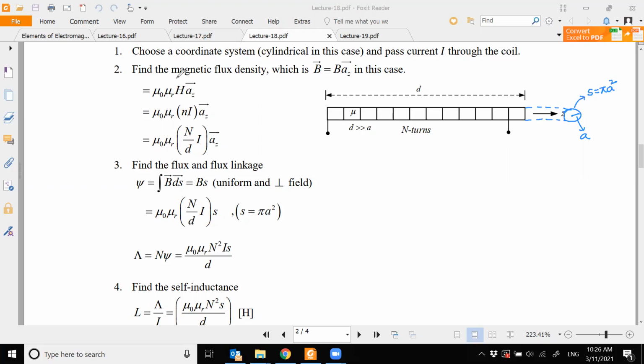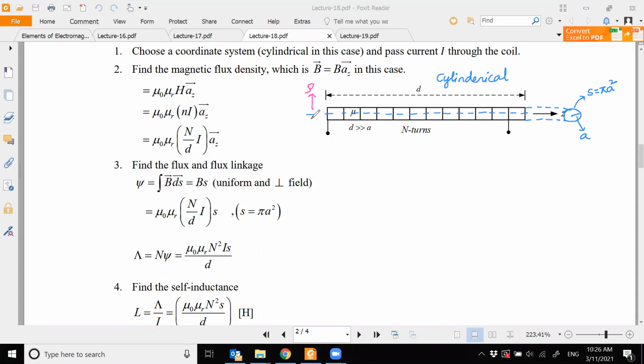So what are the steps? First, identify the coordinate system. For me, the best coordinate system is cylindrical, where I will place the center of my solenoid along the z-axis. If I place it along the z-axis, then this will be my rho.